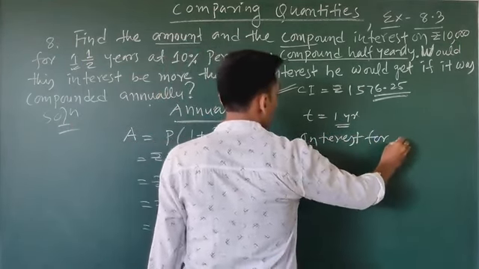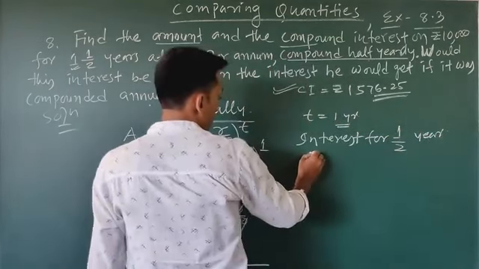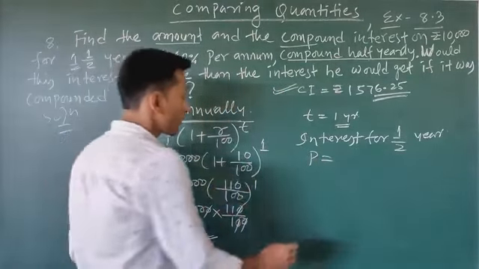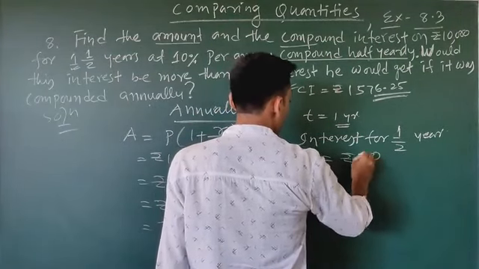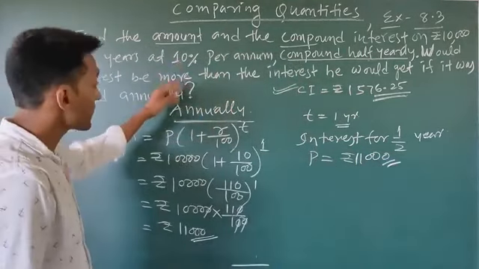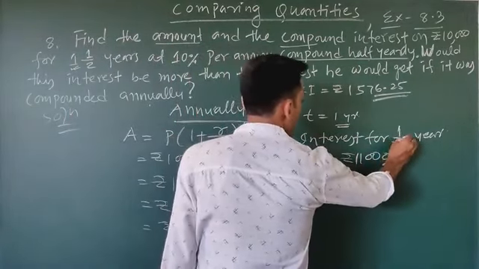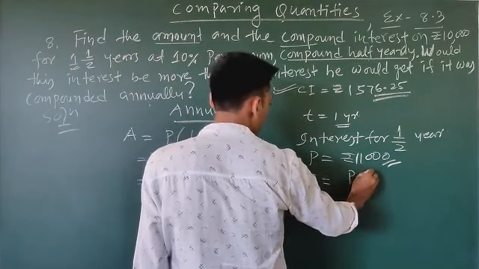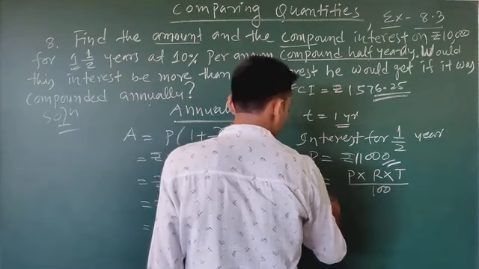Rate of interest is the same 10%, and time is half year, so you apply the simple interest formula: principal into rate into time upon 100.